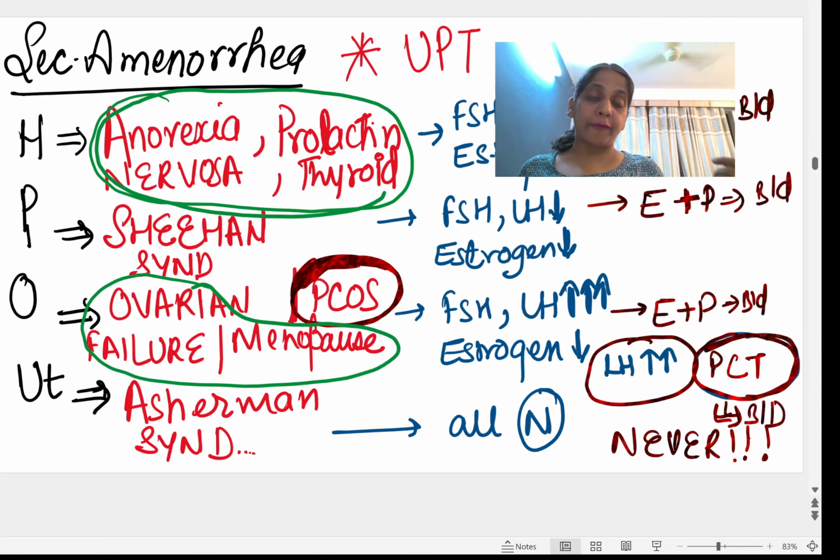Aldosterone and cortisone will decrease. What will increase? Androgen will increase, and the 17 hydroxyprogesterone will also increase. This whole pathway of progesterone, pregnenolone, 17 hydroxyprogesterone and androgens will increase because there was no negative feedback.